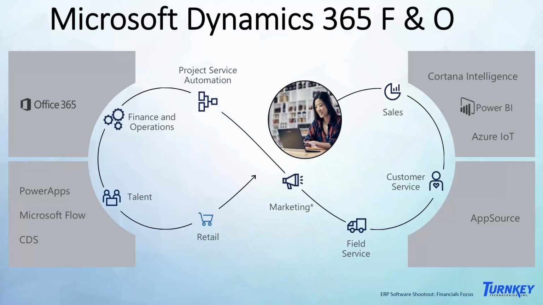The ERP is the central part, yes, but it is surrounded by Office 365, and by that I mean SharePoint, Teams, Excel, Word. It's surrounded by what Microsoft knows today as Power Platform: Power Apps, Microsoft Flow, Common Data Service, Cortana Intelligence, Power BI, Azure IoT, and several different app source applications available to interact with your ERP.